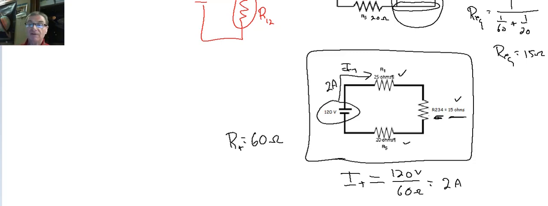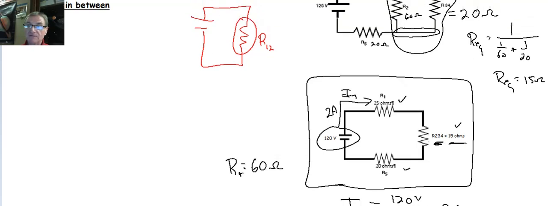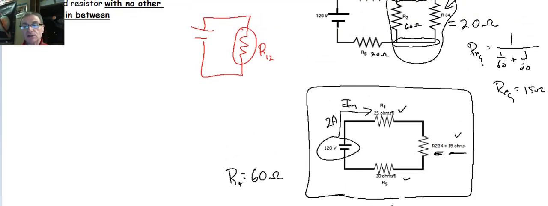So what can I find out now? Well, I can find out a couple things. If I wanted to know the voltage drop across R1, remember voltage drops across resistors, I can find that out because I now know the current that is going to flow through this entire series circuit. It flows through R1, flows through R234, and it flows through R5.